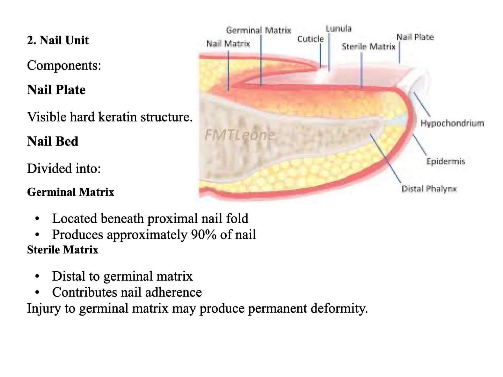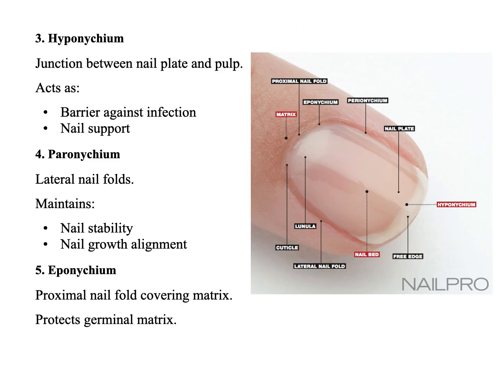The germinal matrix is the tissue that produces the nail plate, and the sterile matrix is distal to the germinal matrix and provides adherence to the nail plate. You will find the germinal matrix as the lunula, the whitish semicircle structure at the base of the nail plate. It is the germinal matrix.